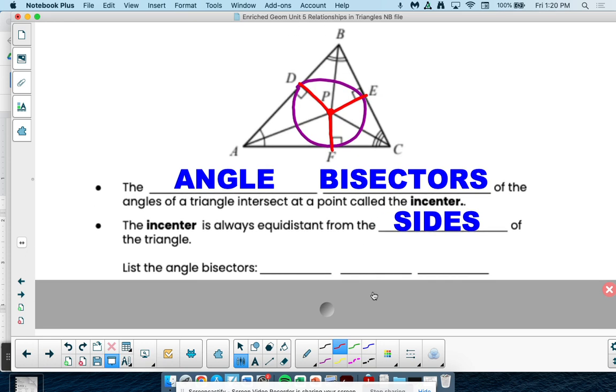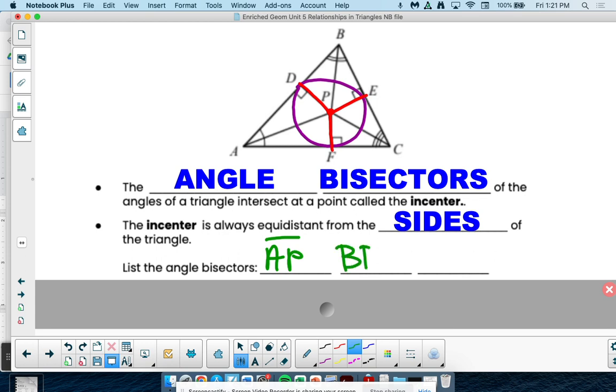All right, now they want us to list the 3 angle bisectors. So what is cutting our angles in half, you guys? What segments? Yep. And I wouldn't highlight those ones because they're not the same length. But you can tell that AP is cutting angle A in half, right?